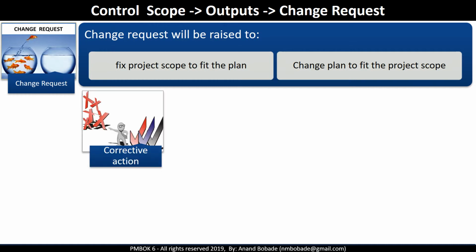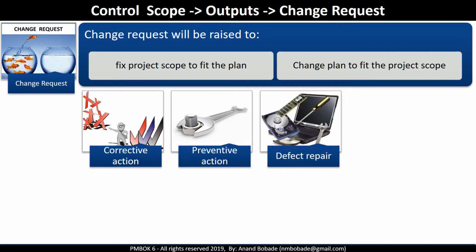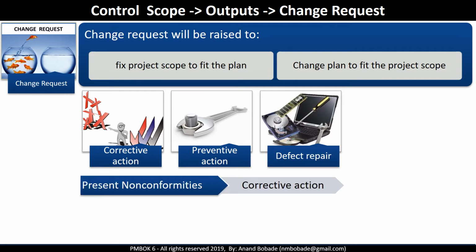There are three types of change request: corrective action, preventive action, and defect repair. If a variance from the plan is discovered in the variance analysis, meaning non-conformities are present, then the project manager needs to take corrective actions to make sure that the variance is corrected and the project scope can continue as planned.